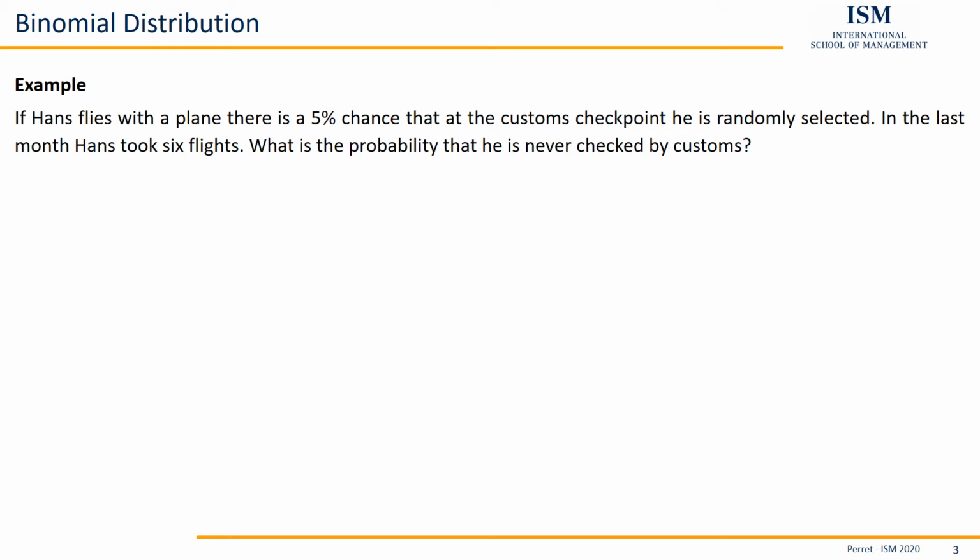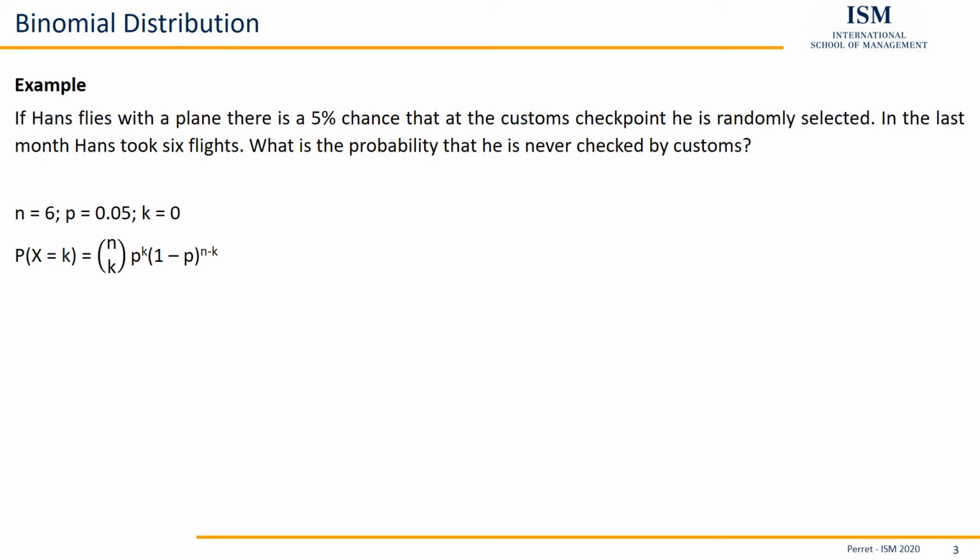We're also considering 6 flights, so the sample size is 6. And he should never be checked, so our k should be 0. The event is being checked by customs. He goes through customs n times, and should be checked 0 times. So k is 0, n is 6, and the probability of being checked is 5%, 0.05.